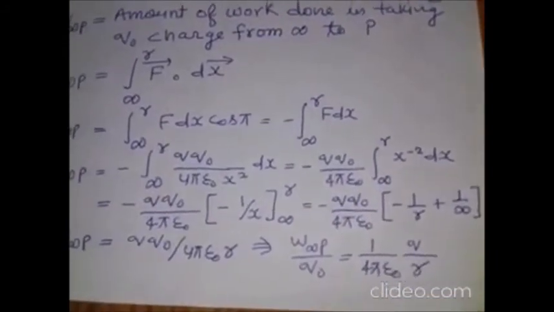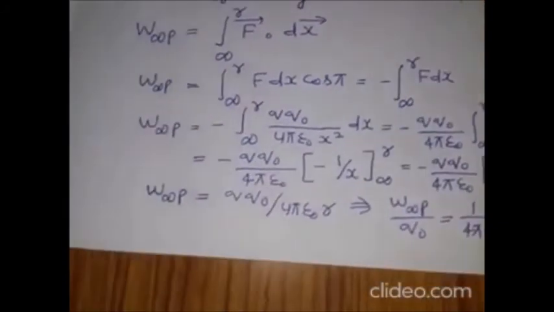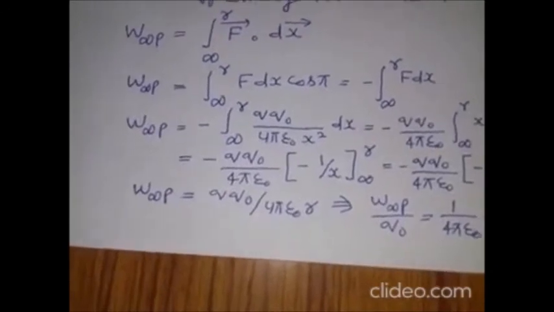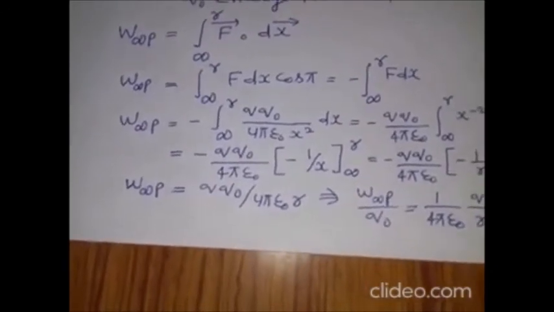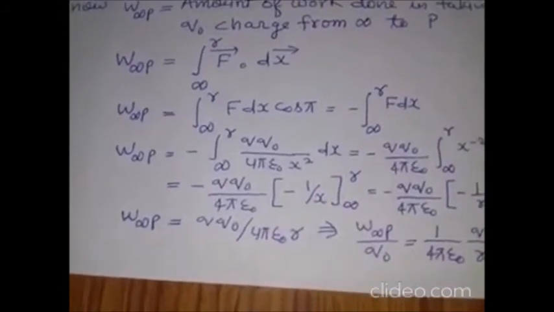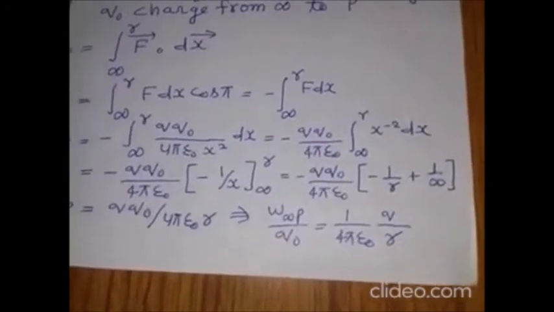The integration of x to the power minus 2 dx is minus 1 upon x. So W infinity to P is equal to minus Q naught upon 4 pi epsilon naught, in big brackets, minus 1 upon x from infinity to r, and finally you solve this.